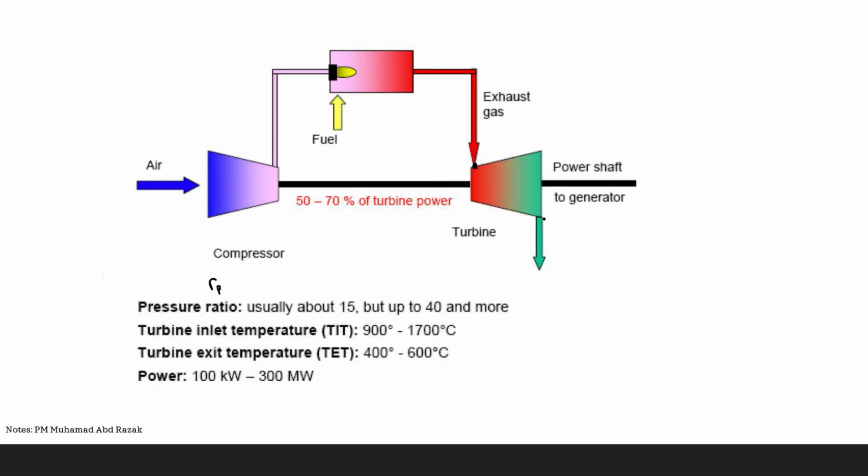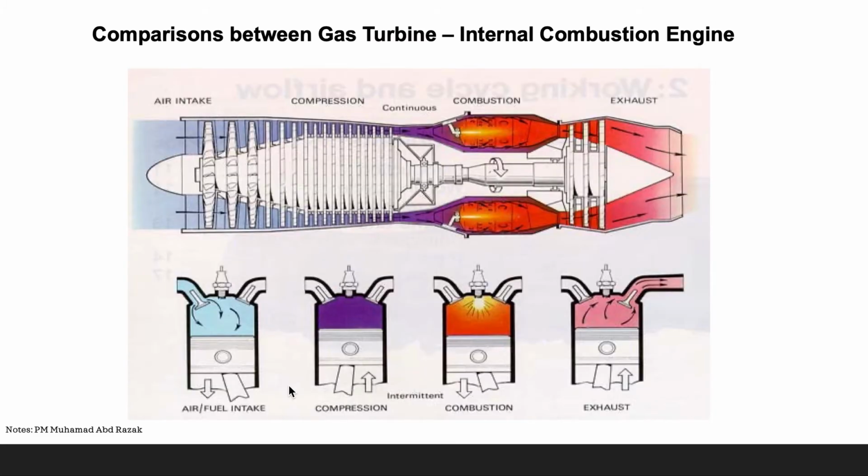And turbine exit temperature, TET, is from 400 to 600 degrees Celsius. The power that can be produced by the Brayton cycle is between 100 kilowatt to 300 megawatt.